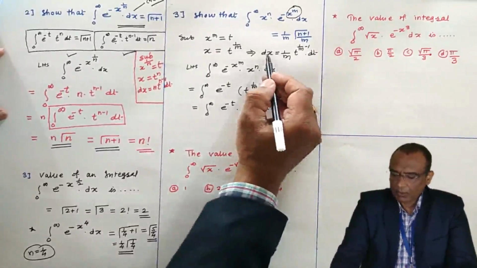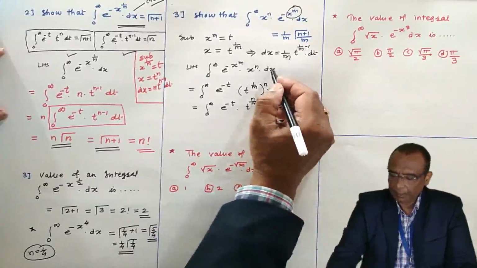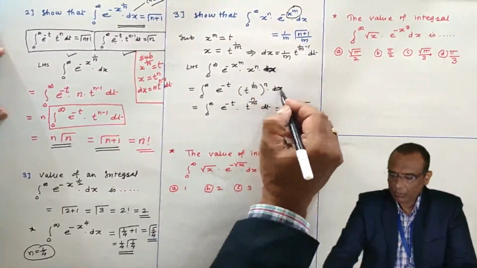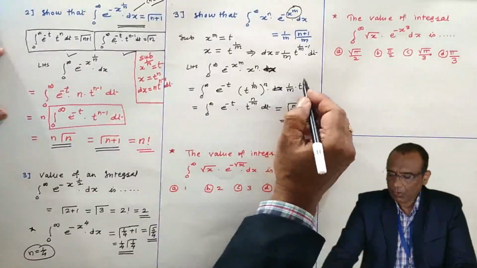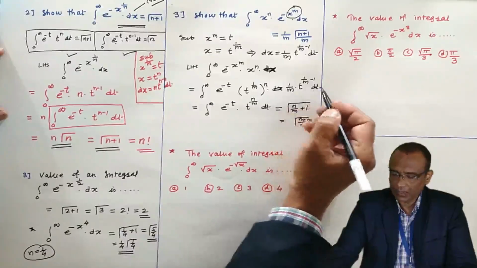See, the value of dx is 1 by m, t to the power 1 by m minus 1, dt.